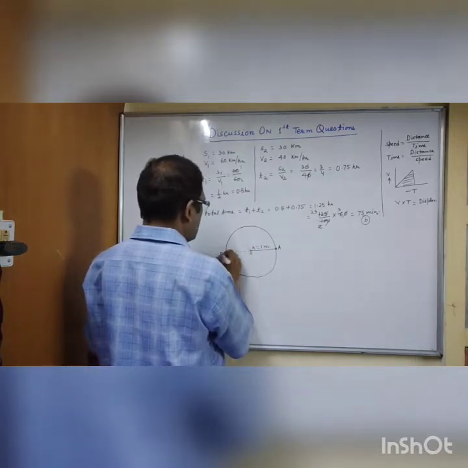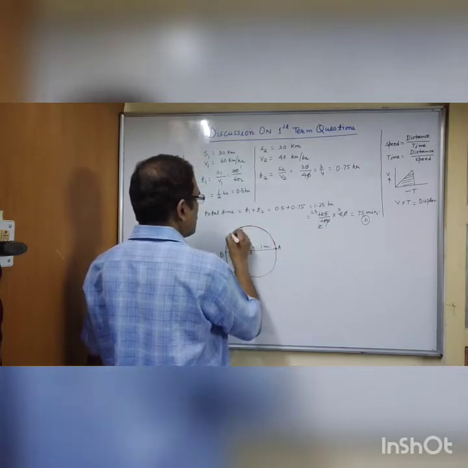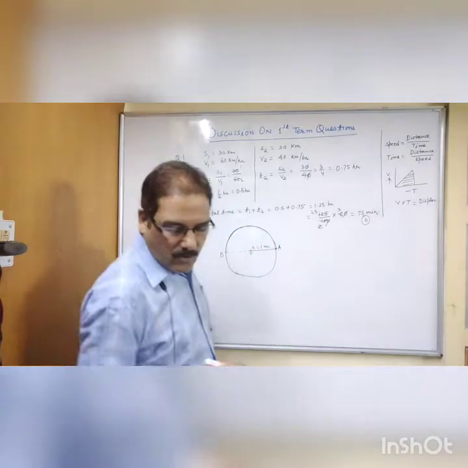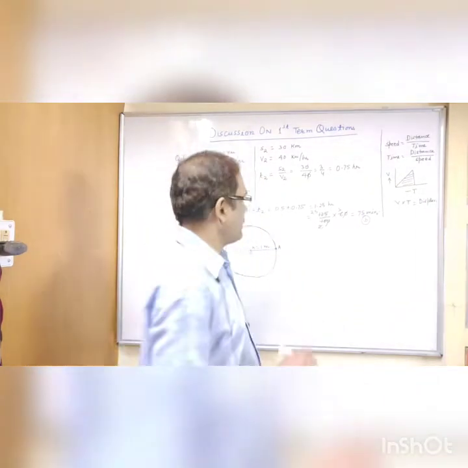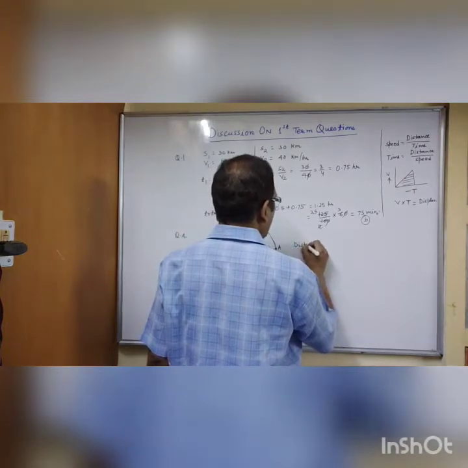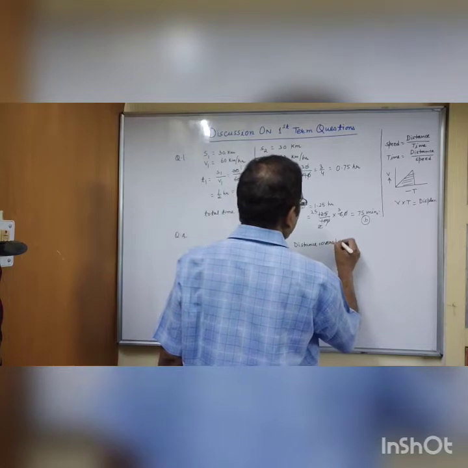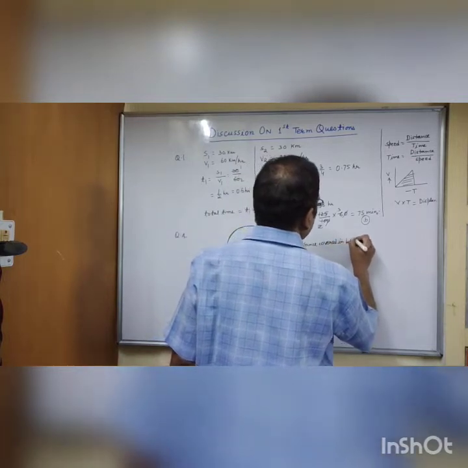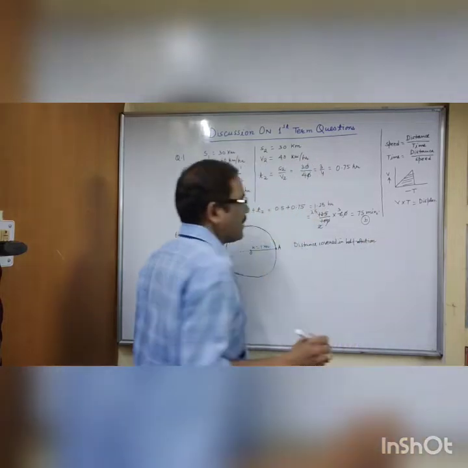So this is half distance, this is the half distance. You have to calculate the ratio of distance covered to the displacement. So distance covered in half rotation or revolution.